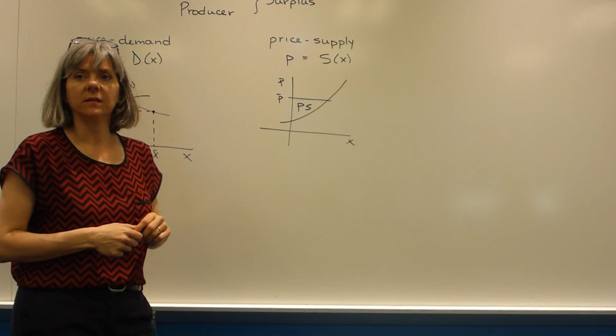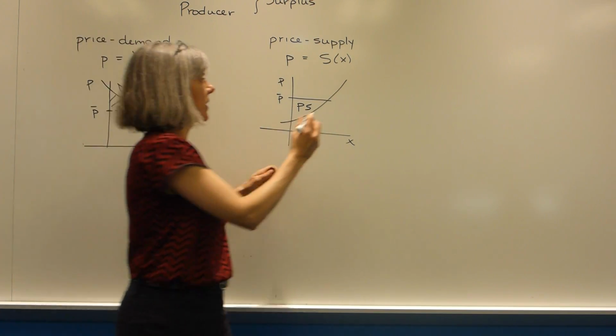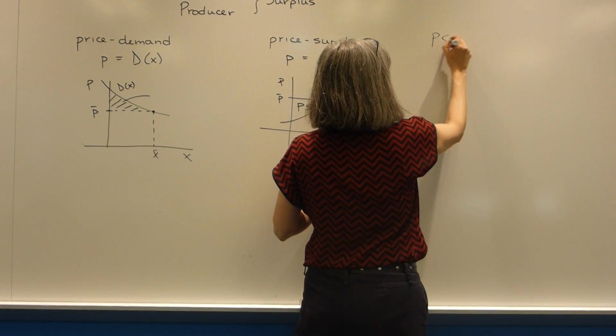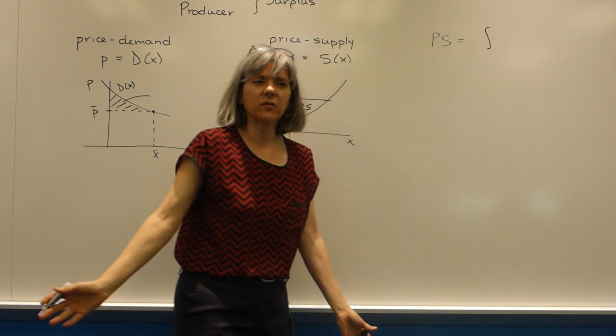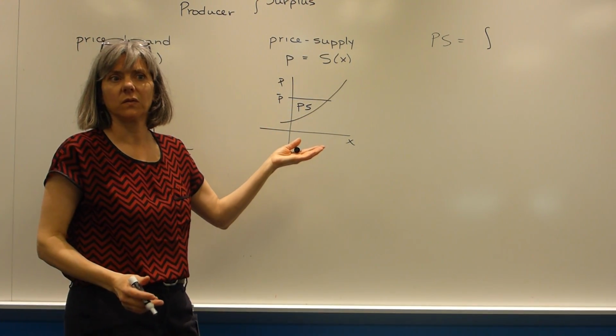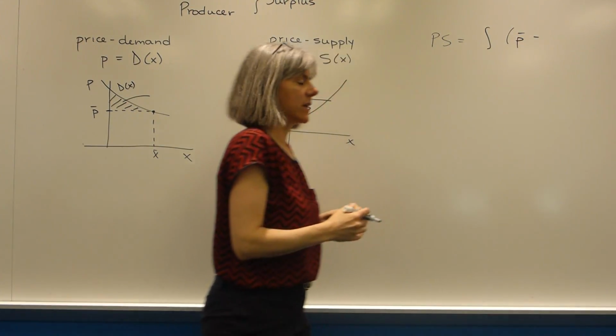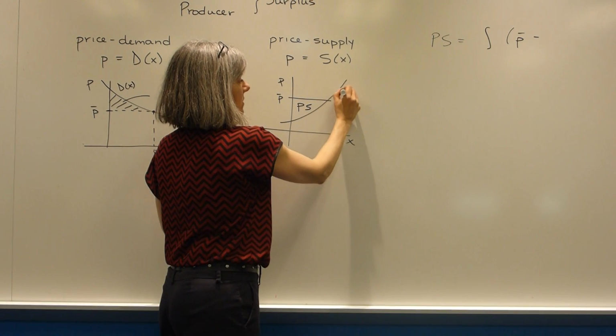How do I find that area? Exact same way I did this one. So here, producer surplus. You can memorize formulas, but I don't do that. I just graph it and ask, what's the area between the curves? So I go with the upper curve, P, minus the lower curve, that's the supply curve.